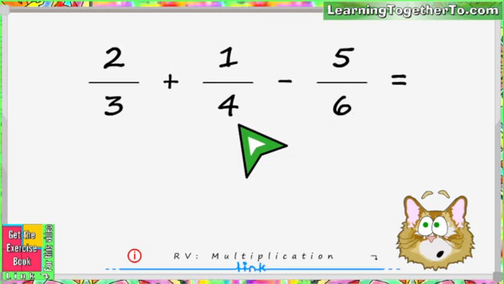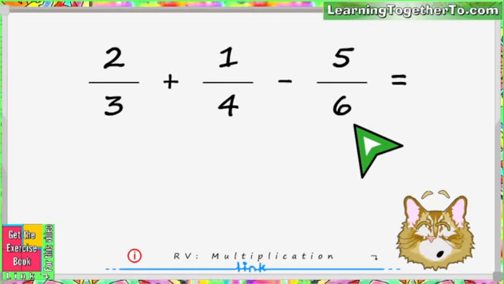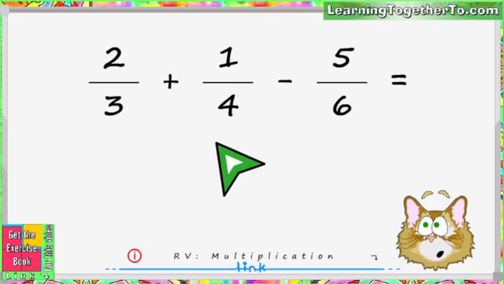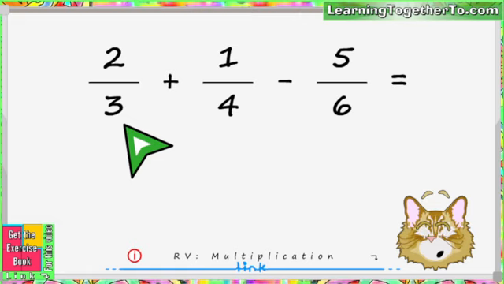However, since we know our multiplication tables, we know that 6 times 2 is equal to 12, and that 12 is also a multiple of 4 and 3. 12 happens to be the lowest common multiple between 3, 4, and 6.